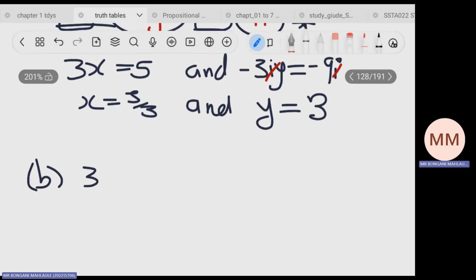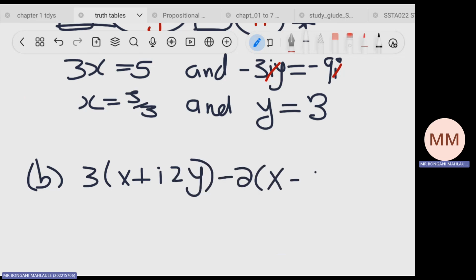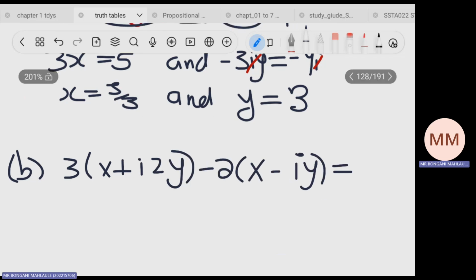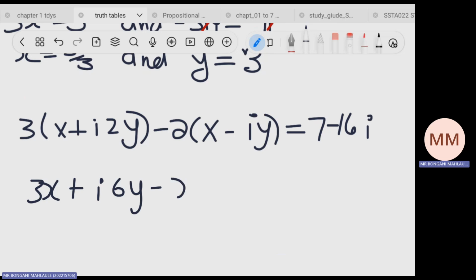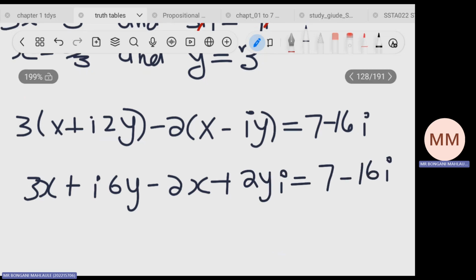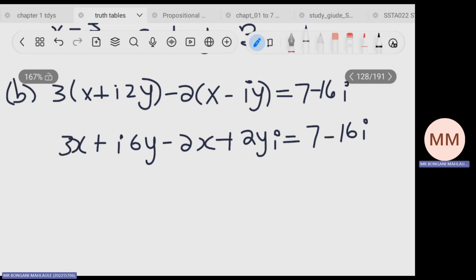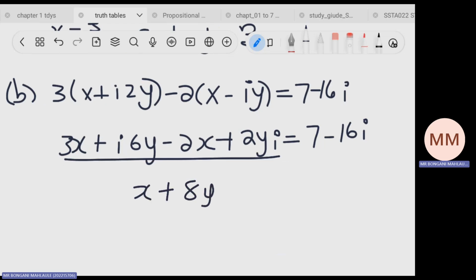Then b, you are having 3x plus 2iy minus 2x minus iy. So you simplify this. This will be plus 2yi, 7 minus 16i. So on the left, if you simplify this, you'll have x plus 8yi is equal to 7 minus 16i.